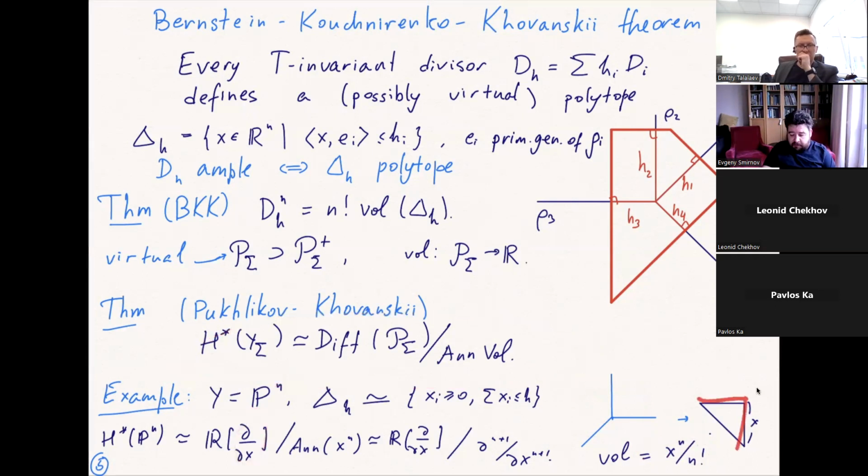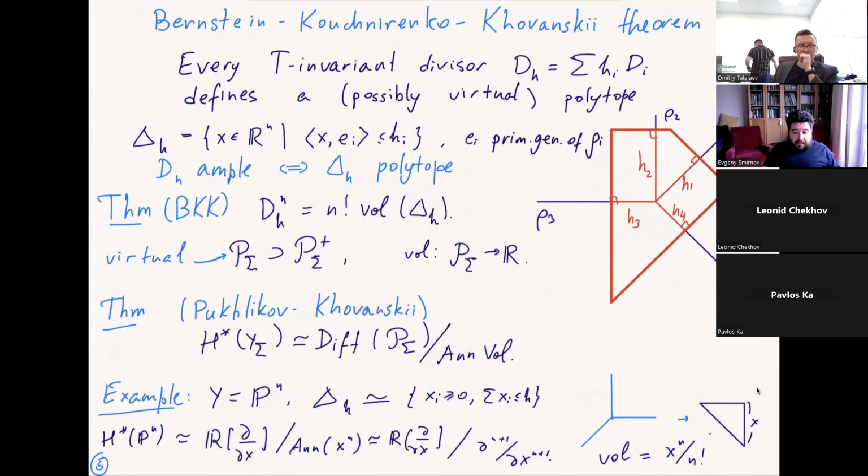So the simplest is defined by one constant, the length of its edge. So d over dx modulo the annihilator of the volume polytope, which is x to the power n, times some constant I don't care about.